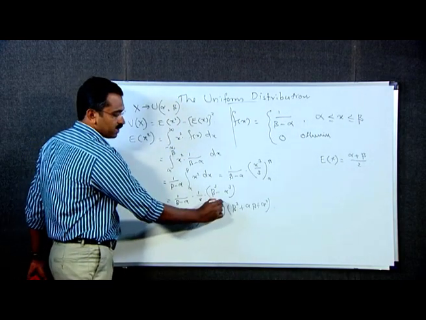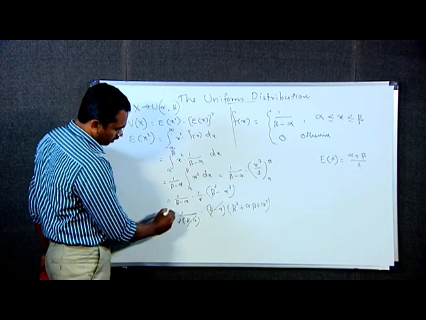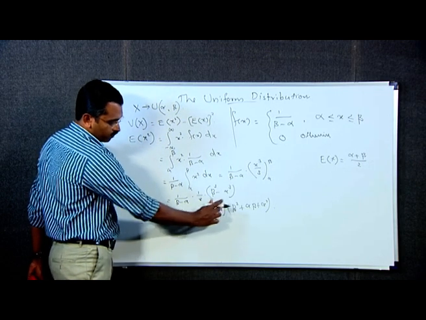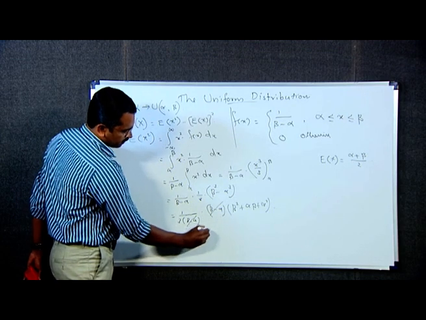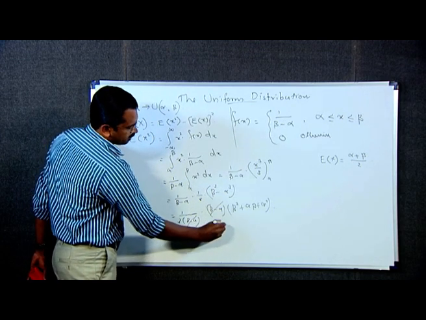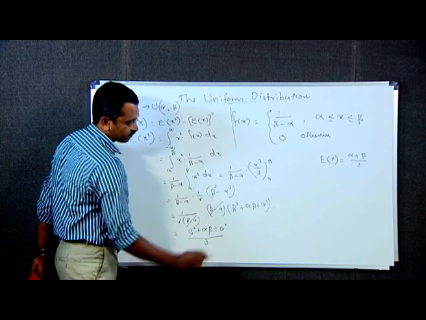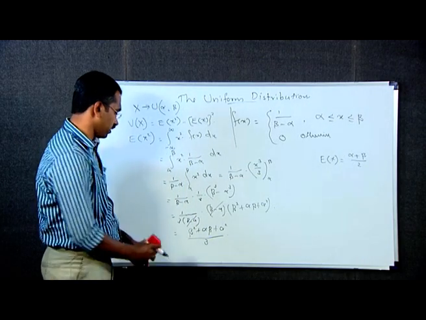Therefore, this beta minus alpha and beta minus alpha cancelled, and E of x square is equal to beta square plus alpha beta plus alpha square divided by 3. This is the expectation of x square.